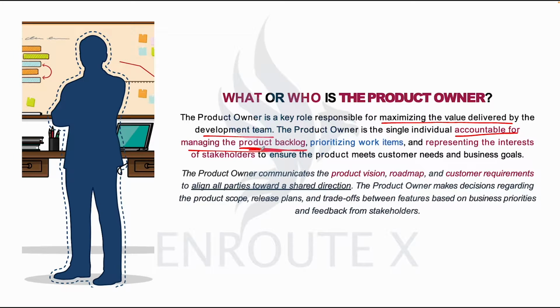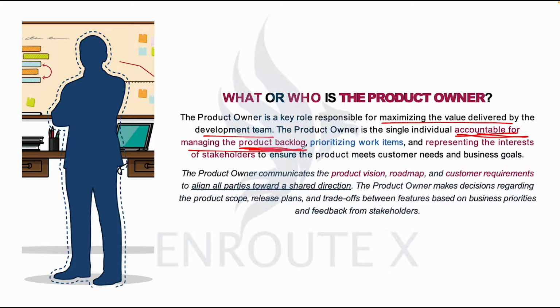We need to make some emphasis here. At any given time, you should know that the product owner owns the product backlog, is fully accountable for the product backlog. Whatever happens in the product backlog belongs to the product owner.